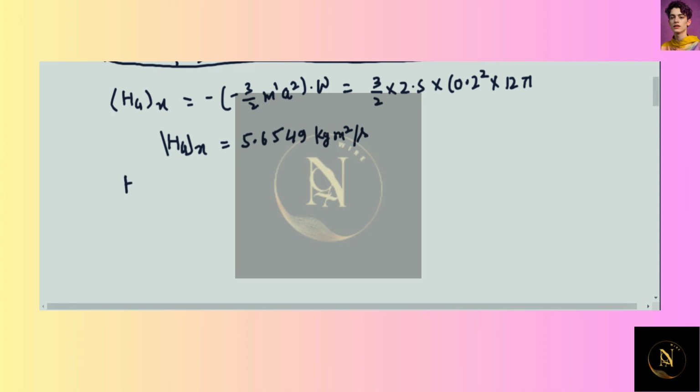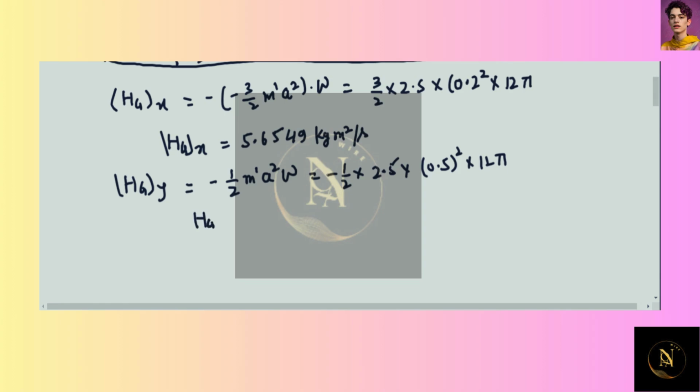Similarly, along the y-axis, half m dash a square omega, with m dash having the value 2.5, a is 0.2, and angular velocity is 12 pi radian per second.